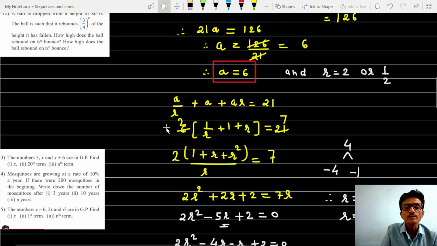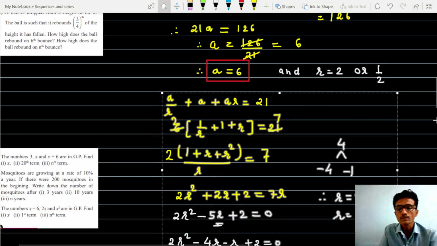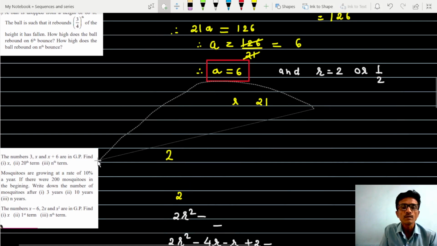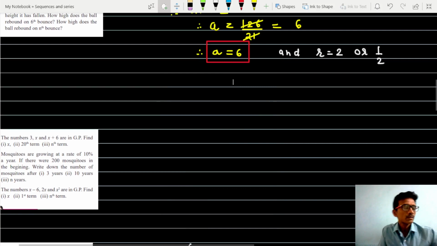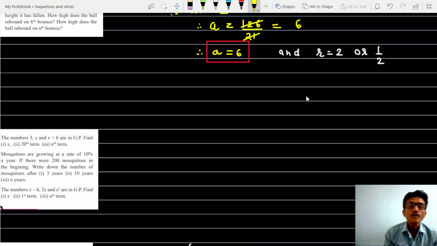Therefore the required numbers are a upon r, a and ar.